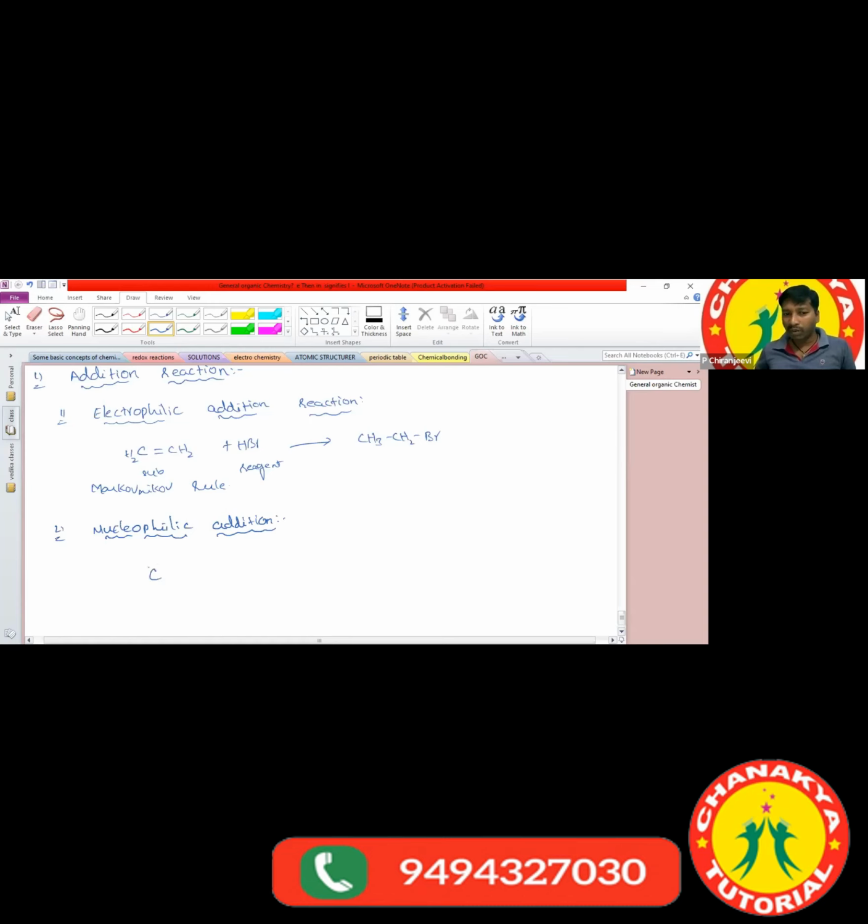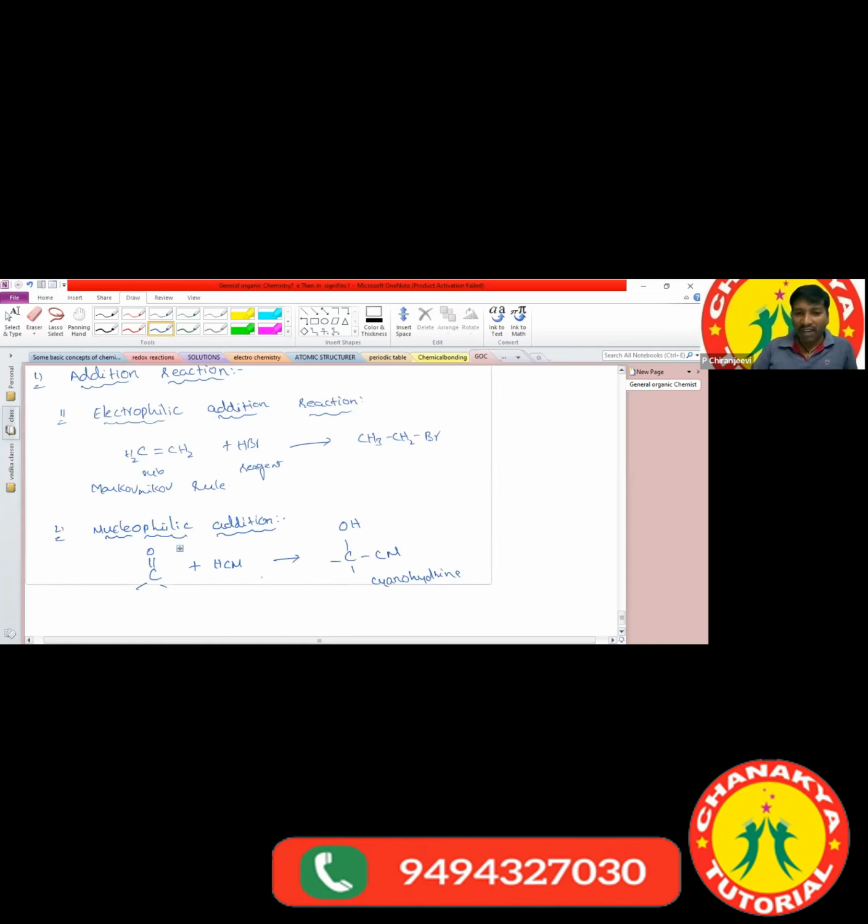The examples are aldehydes and ketones, that is, the C double bond O group. If a carbonyl compound attaches with hydrogen cyanide, it is converted into cyanohydrin. Formation of cyanohydrin is an example of nucleophilic addition reaction. Got it?